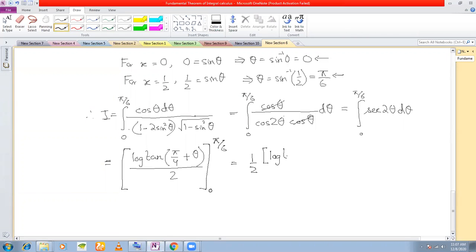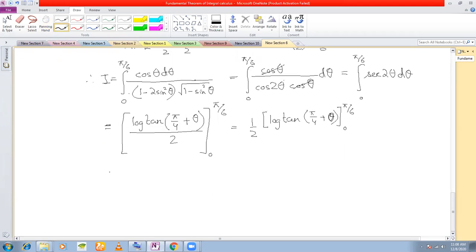Half log tan of pi by 4 plus theta evaluated between 0 to pi by 6, which is equal to half of log tan pi by 4 plus pi by 6, putting the upper limit first, minus log tan pi by 4 plus 0, putting the lower limit.